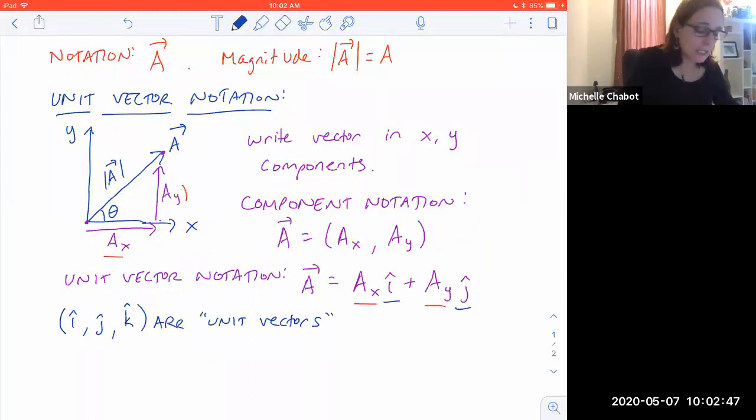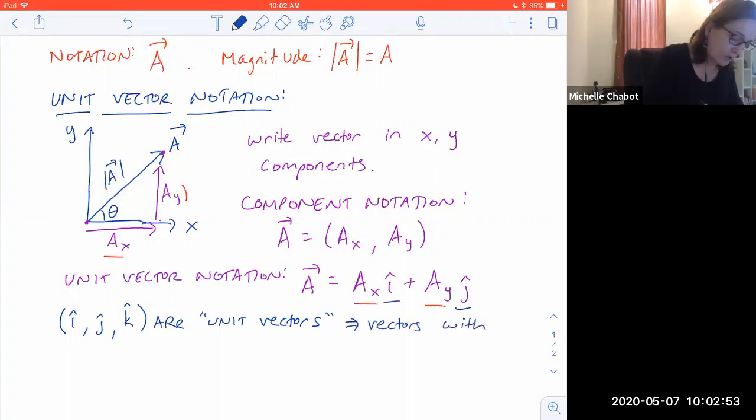What that means is that they are vectors with a magnitude of 1. So the magnitude of i hat equals 1. That would be another way to write that.